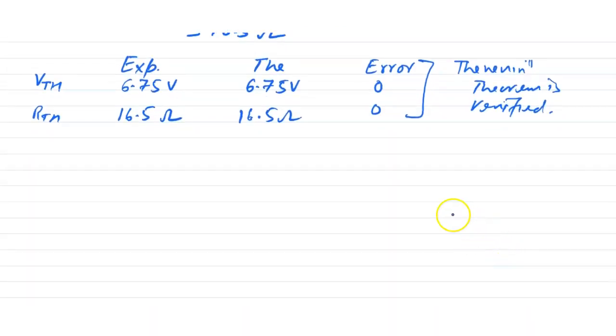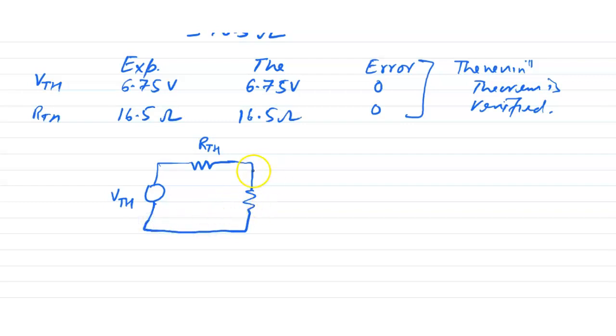Again, we have to make a Thevenin equivalent circuit, which is, this is VTH and this is RTH, and here there is a load. The value of this RL is, suppose, 10 ohm.